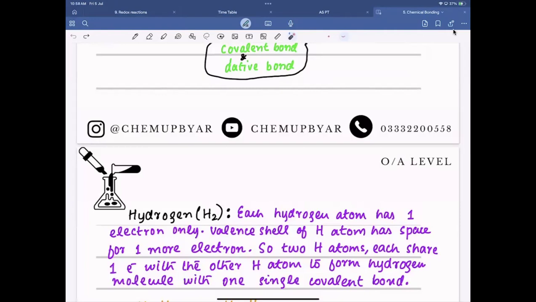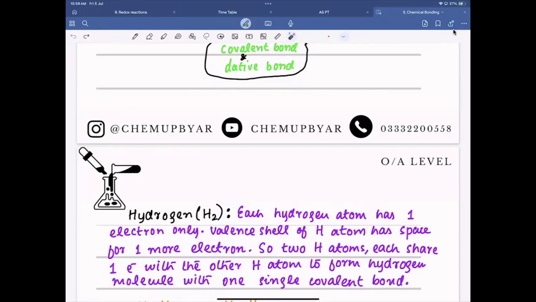Yes. But if two hydrogen atoms come close to each other, think, can either one lose its electron to give the electron to the other atom? No, because they both need to gain one. Yes, because both need one electron, right?